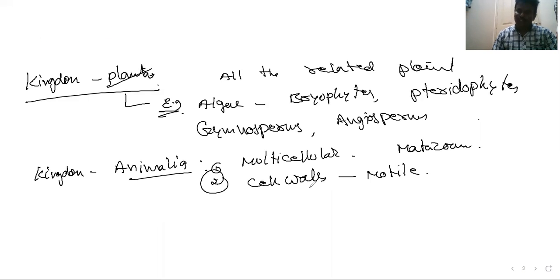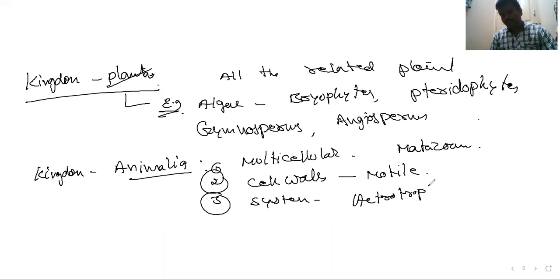They can move from one place to another for protection and catching prey. They have well-developed systems: nervous system, digestive system, transport system, excretory system, reproductive system, etc. They have heterotrophic mode of nutrition. Like this way, the kingdom is Animalia.